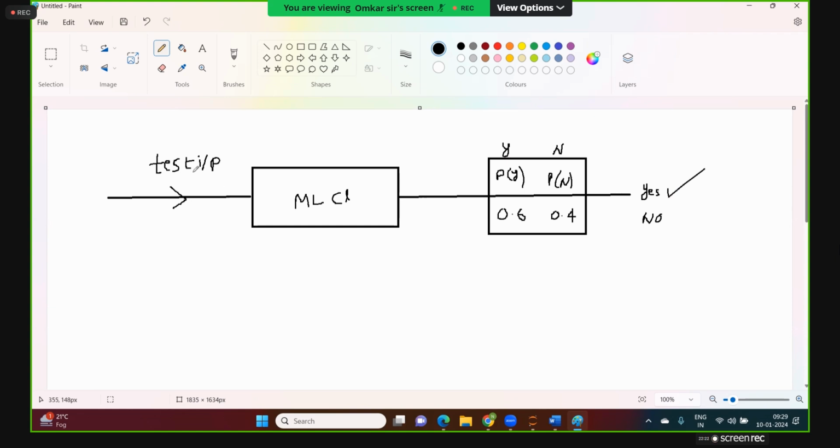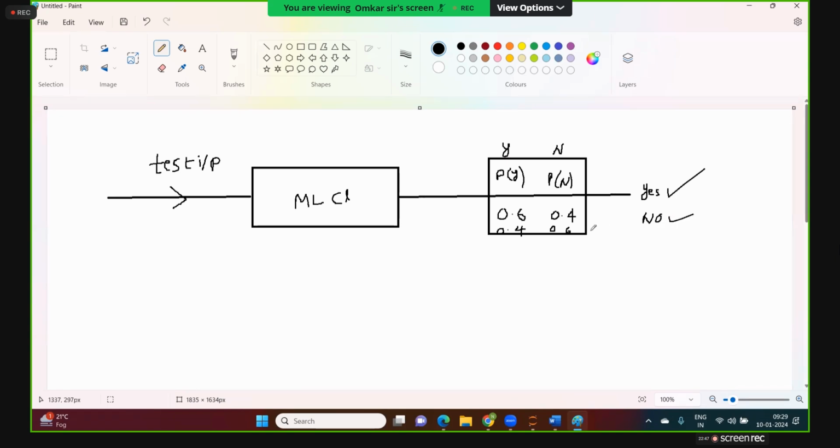You will only see the final answer, but this happens internally. For the next input, suppose you get 0.4 here and 0.6 there. Then the output you will see is the no case.